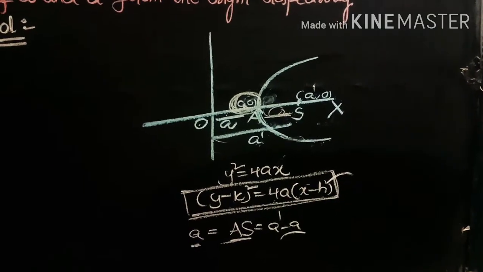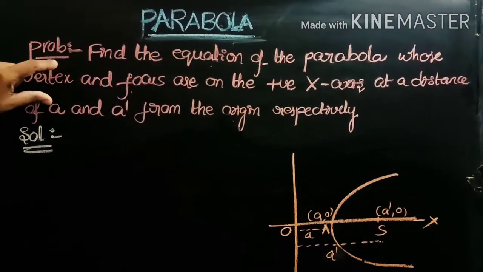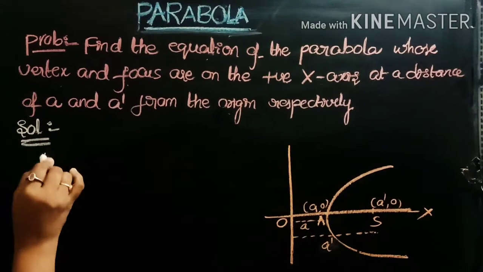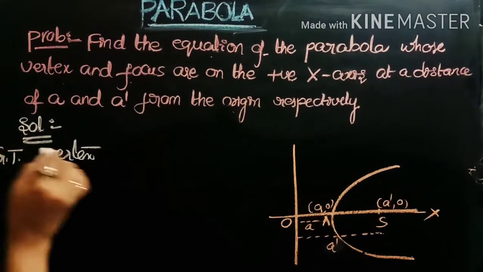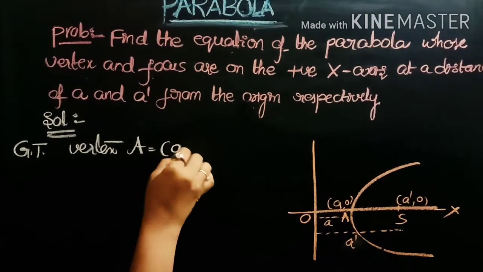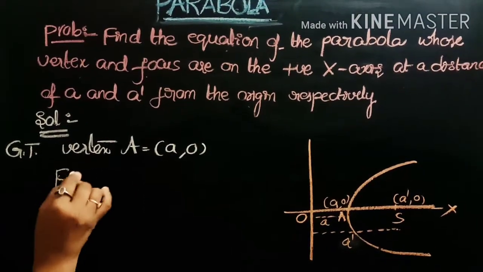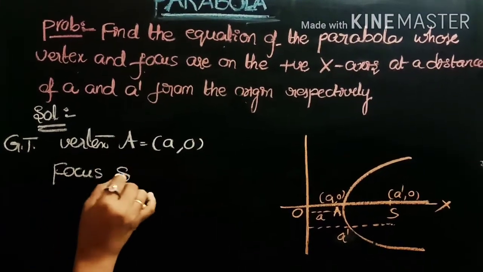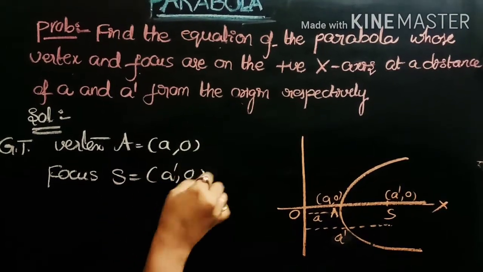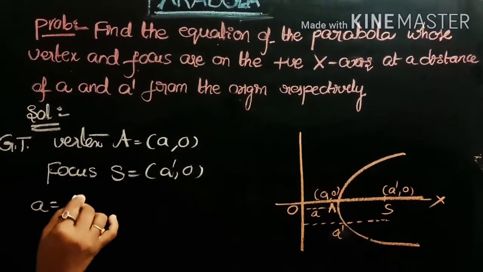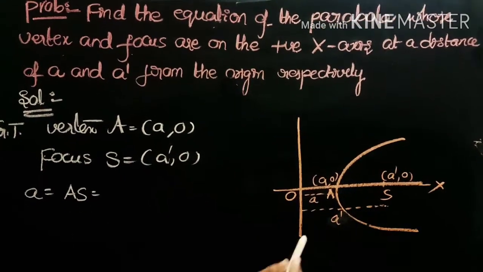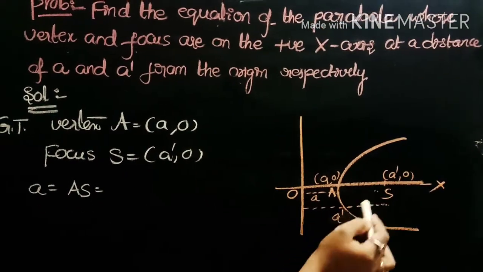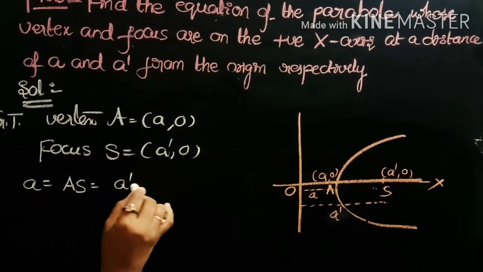That's the process. So clearly from the given data, the vertex A is (a, 0) and the focus S is (a dash, 0). Therefore the value of small a is AS, the distance between the points. From the diagram the distance AS is a dash minus a.